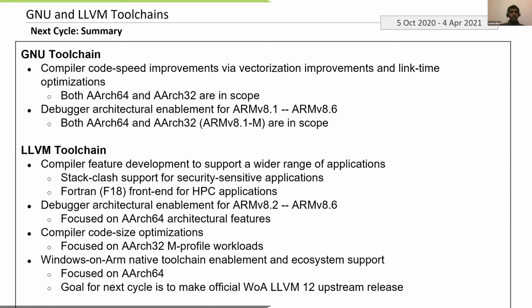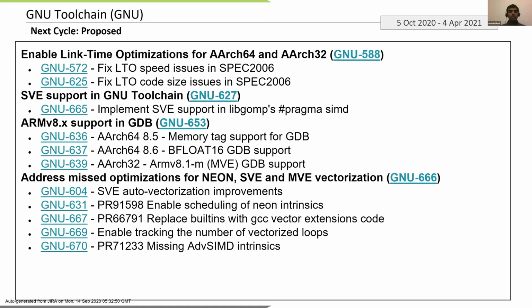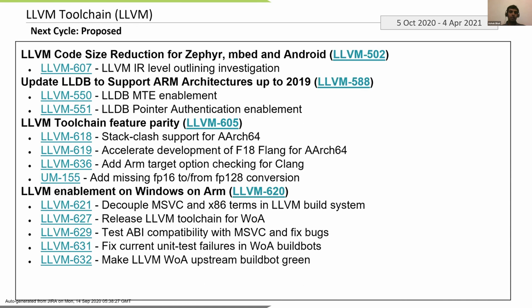The details of this are available here. All these links are now open. They're all Jira links, and you can take a look at them, comment on them, or engage with the development team using those tickets. Similarly for LLVM, all the tickets are publicly visible.